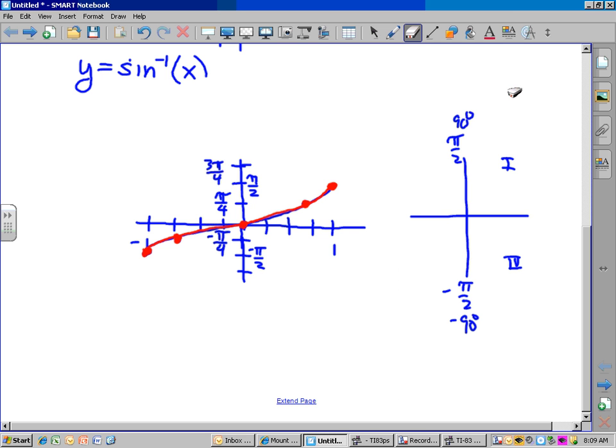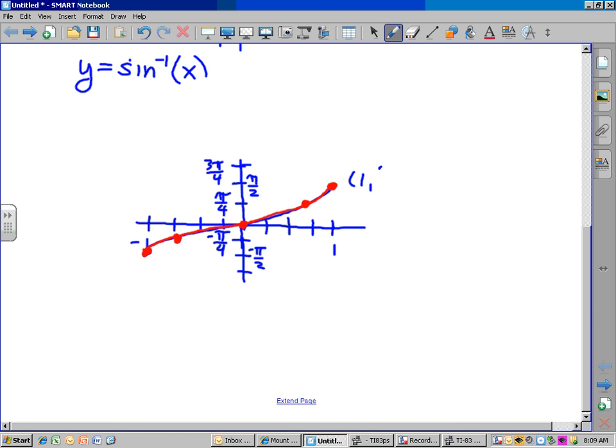Most of the time, when we use the inverse, what are we looking for anyway? What does it represent? What's our answer? If I pick the point out here, 1, pi over 2. Okay, the y value is my answer, right? When I plug x equals 1 in, I get a pi over 2 out. Or I'm getting a what? A 90 degree, an angle out, right? That's what pi over 2 is representing.